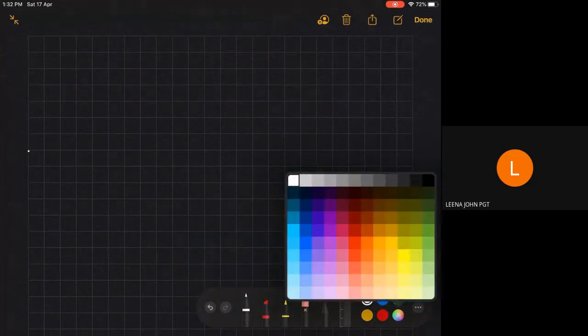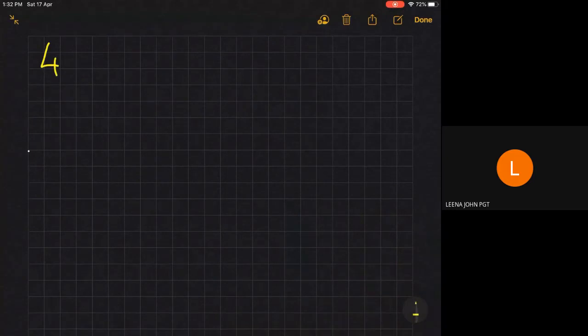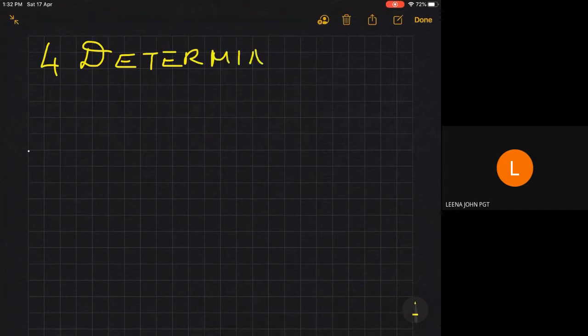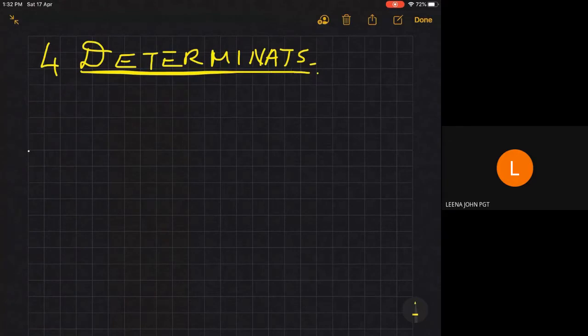The fourth chapter is determinants. A determinant is actually defined only on square matrices.